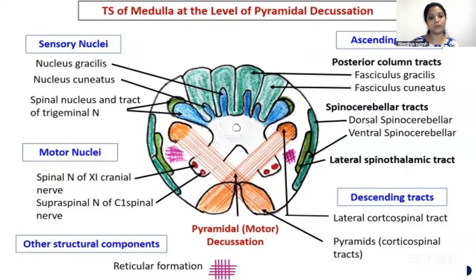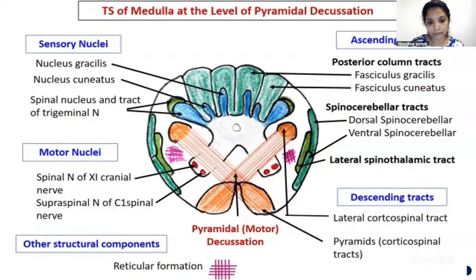And again, what is this net-like structure? This is called the reticular activating system. It is mainly involved in sensory perception as well as consciousness. All this region we can see is the reticular activating system.